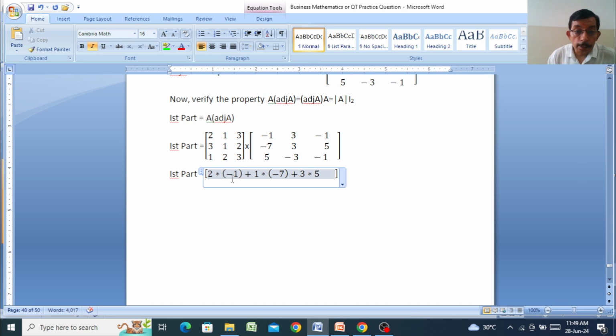Now we take the first row multiplied by the second column: 2 multiplied by 3 plus 1 multiplied by 3 plus 3 multiplied by minus 3.